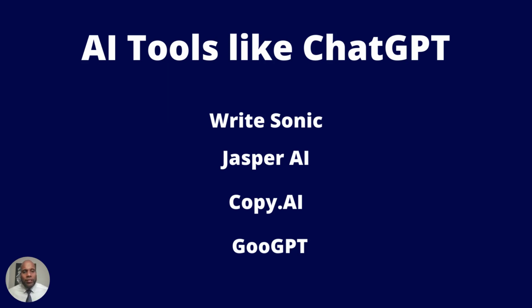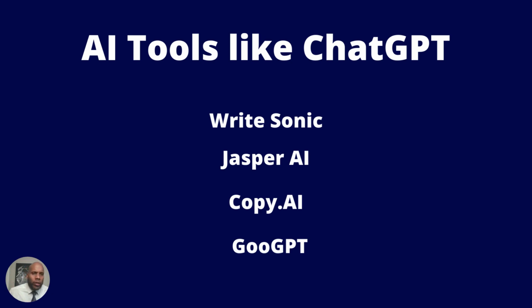But Jasper AI is another really amazing software that you can use, similar to ChatGPT. Comes with a lot of different templates and this boss mode, which is really cool. It's a little pricey, but definitely worth every penny. Copy AI. I love Copy AI. This Copy AI software has tons of tools, a lot of templates for you.